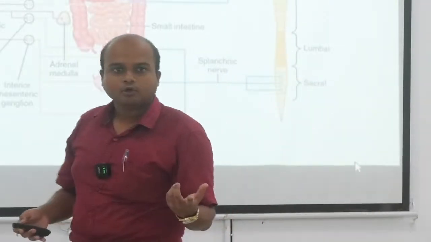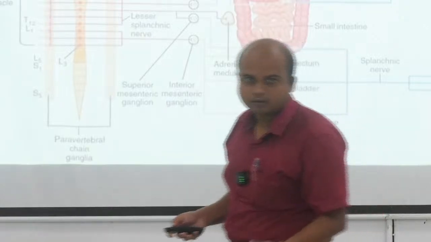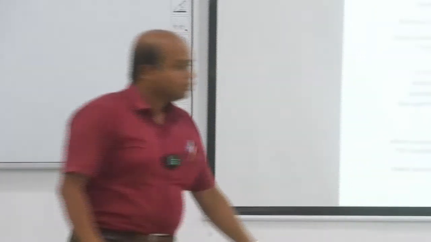Pupillary, it will be under the parasympathetic system, pupillary constriction. Okay, pupillary constriction. If the person becomes unconscious, then involuntary voiding. Parasympathetic system overactivity.